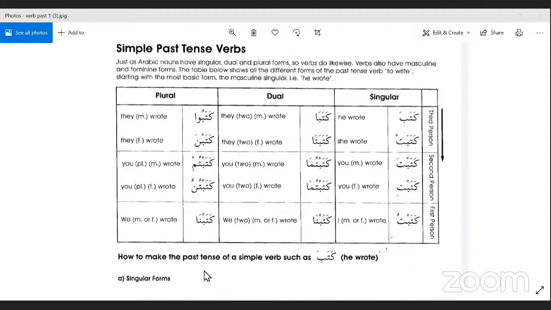Feminine is alimti, you knew. Feminine dual is alimtuma, you two knew, and plural is alimtunna, you all feminine knew.